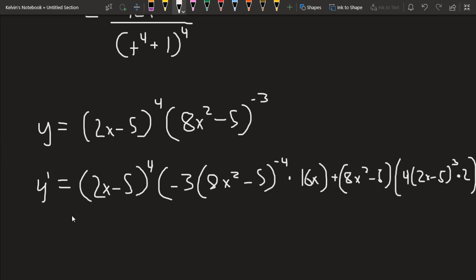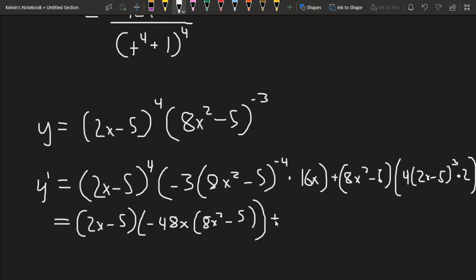And then we can simplify this a bit to be (2x minus 5) times negative 48x (8x squared minus 5) plus (8x squared minus 5).